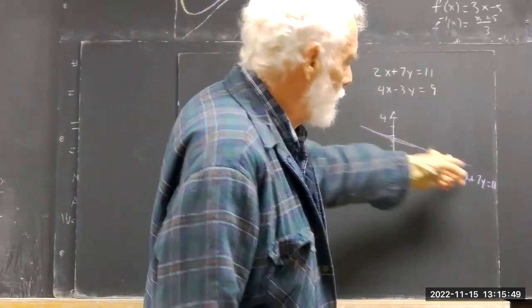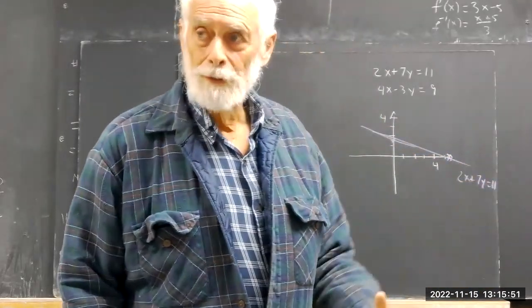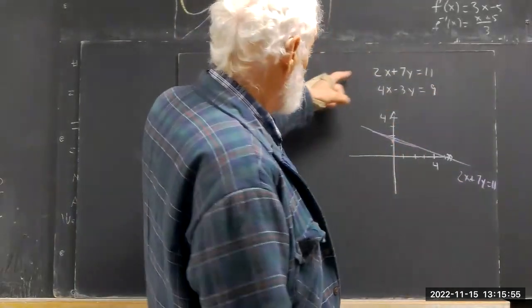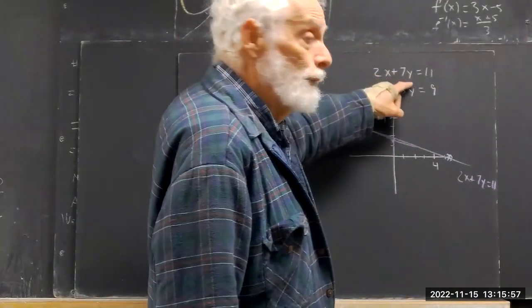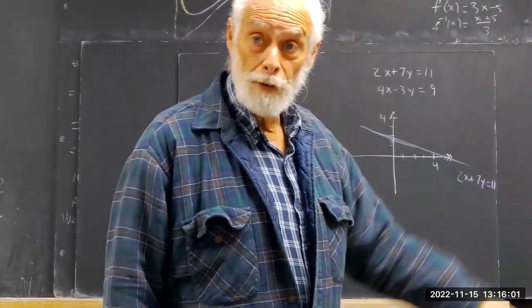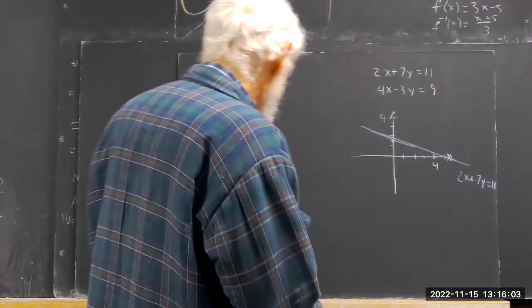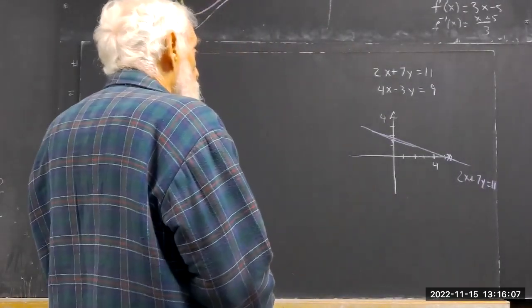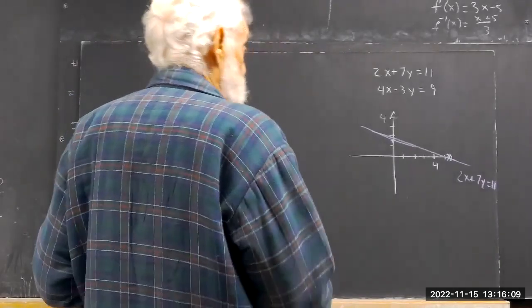Every point on this line, if the line is exactly drawn, is a solution to this equation. And every solution to this equation, every pair of numbers x and y that satisfies this equation, has to lie along this line. Excuse me.